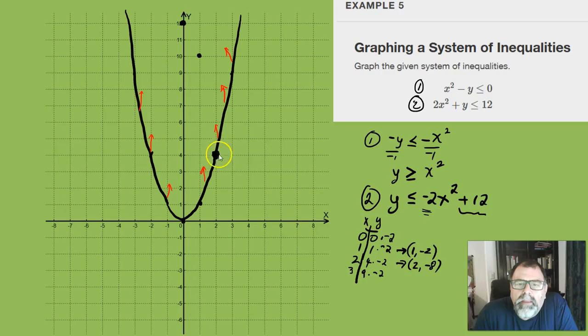See, that's where they intersect, and we have the mirror image on the other side. Then 3 goes to -18, so there's 12, 13, 14, 15, 16, 17, 18.